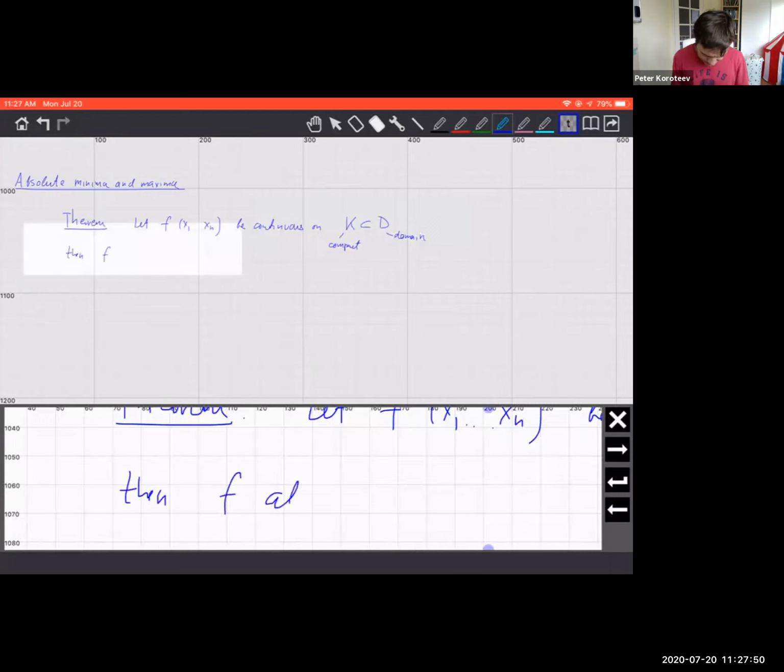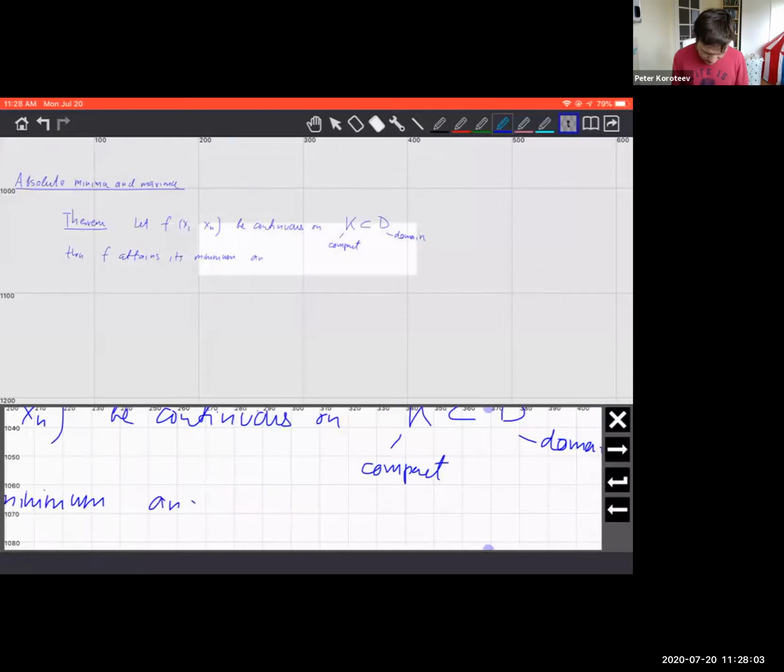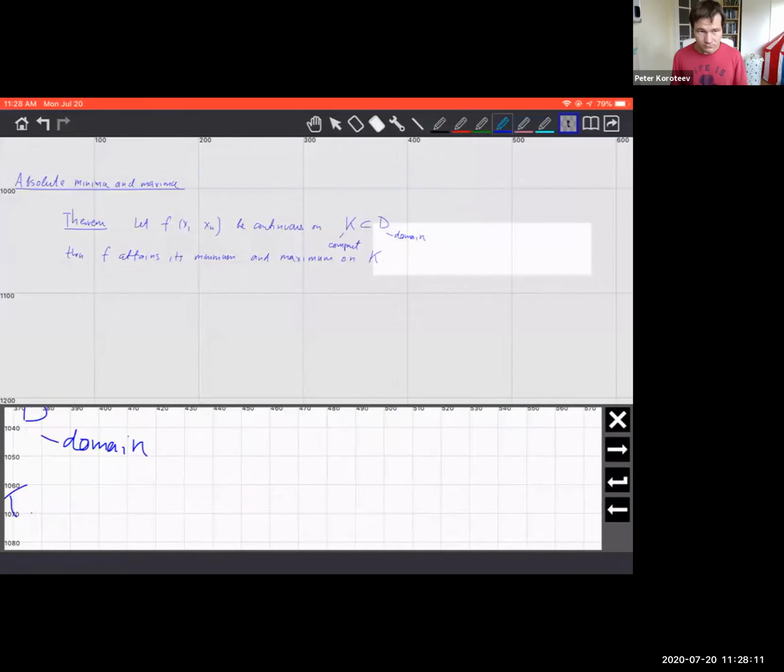Then f attains its minimum and maximum on K. A similar statement should be familiar from the calculus of a single variable.